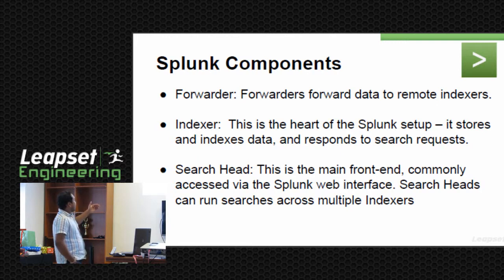The indexer is an indexing server which uses its own mechanism to store the raw machine data coming from the forwarder, and it responds to the search requests coming from the search head. The search head is the main front end, the common access point for Splunk web and the Splunk server, and it does the searching and these other features.